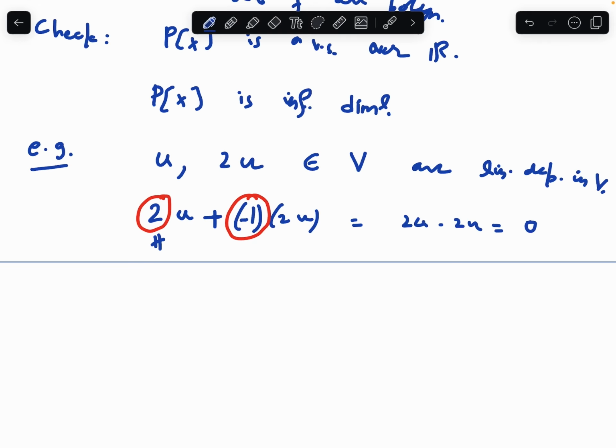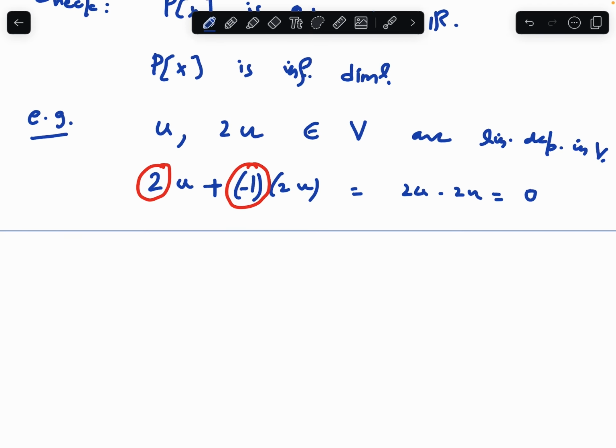This is non-zero. This is also non-zero. Therefore, they are not linearly independent. Therefore, they are linearly dependent in V.